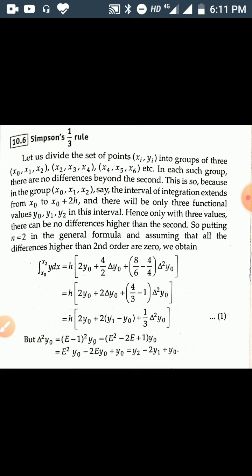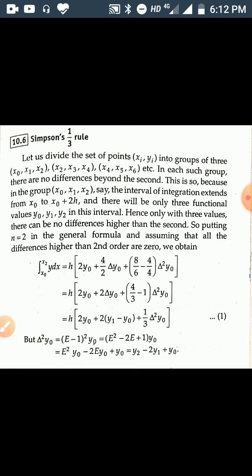Since x0 is equal to x0, x1 is equal to x0 plus h, and x2 is equal to x0 plus 2h, which we have discussed in the general formula of quadrature. So the limit of integration is x0 to x0 plus 2h, and there will be only three functional values y0, y1, y2 in this interval. Hence with only three values there can be no differences higher than the second.